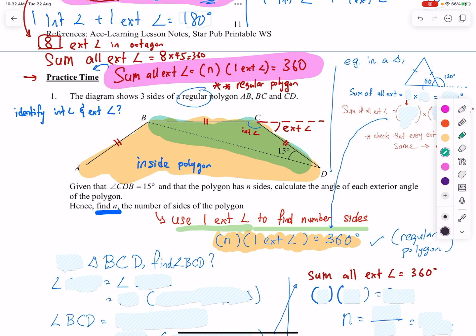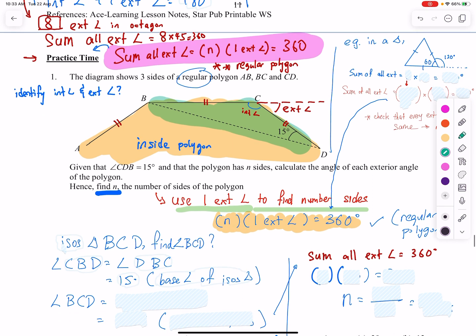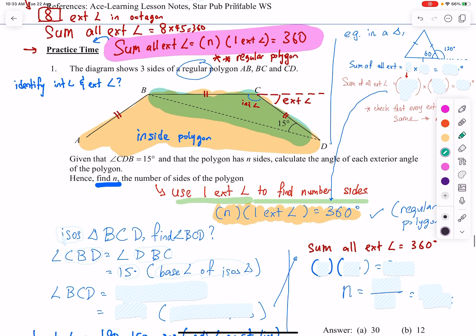Yes, right? Now let's take a look. In an isosceles triangle, angle CBD is equal to CDB is equal to 15, and this is the base angle of the isosceles triangle. Let me just write it down. This is 15. There are two ways to do it.